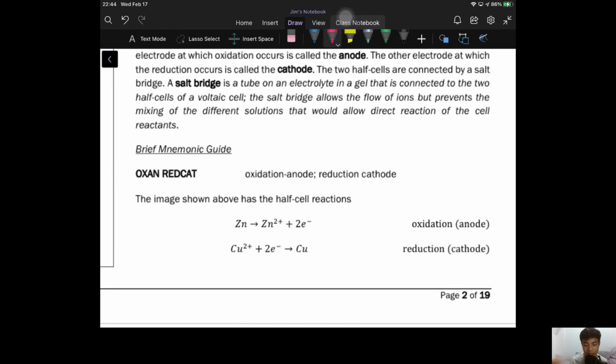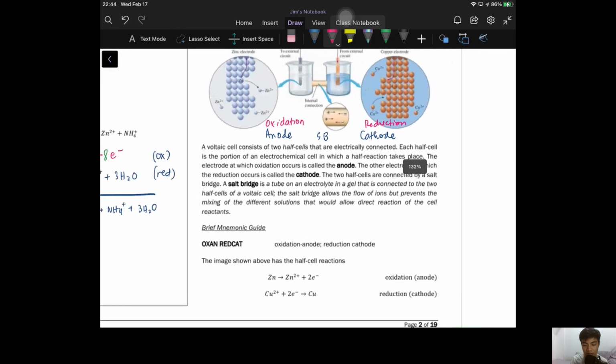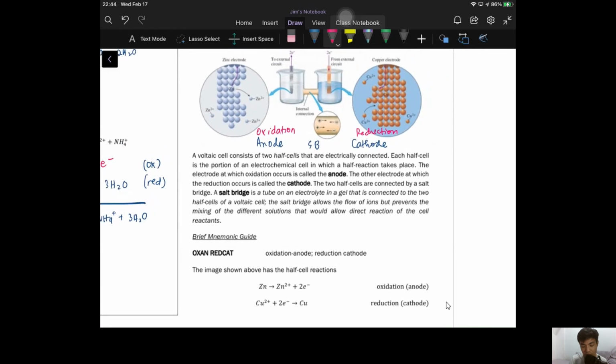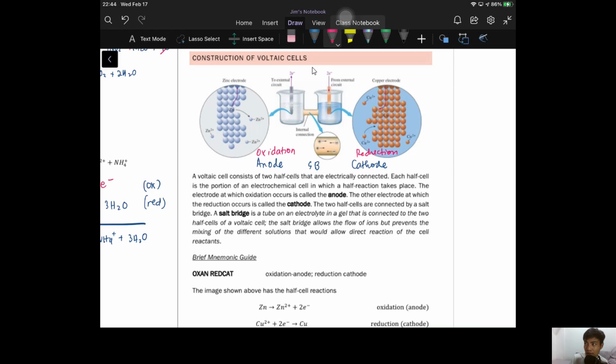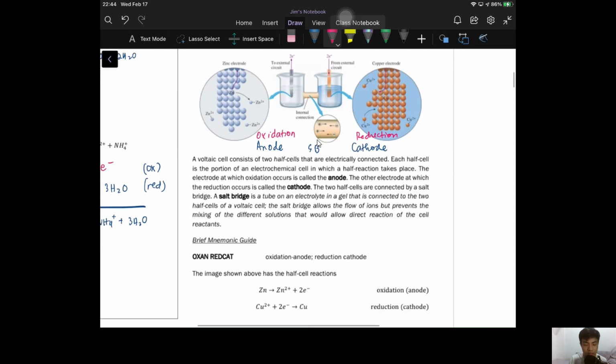So, yung image dito sa taas is characterized by the two equations. Ang nangyayari sa left side ng solution is yung oxidation wherein zinc loses electron to produce zinc 2+ ions. Then, ang lost electron, dadalo yun sa circuit, dadalo yun sa bakal until it reaches the cathode electrode. Pagdating sa cathode, mangyayari doon yung copper ions, tatanggapin yung electron para maging solid copper sila.